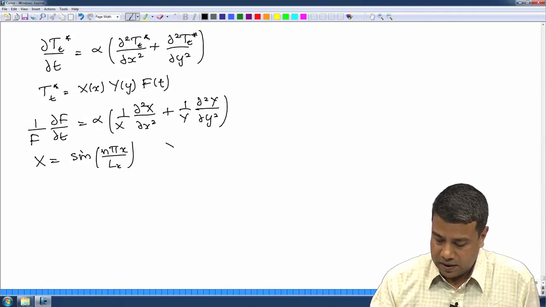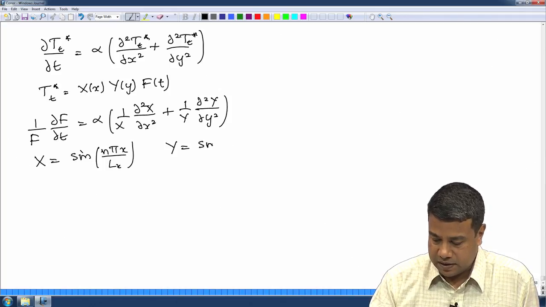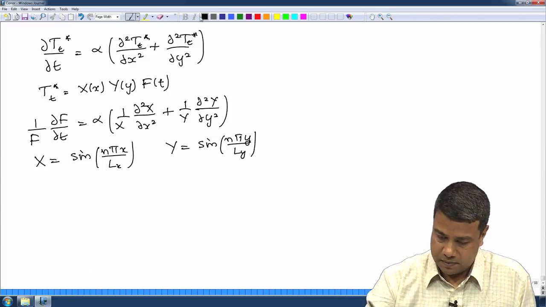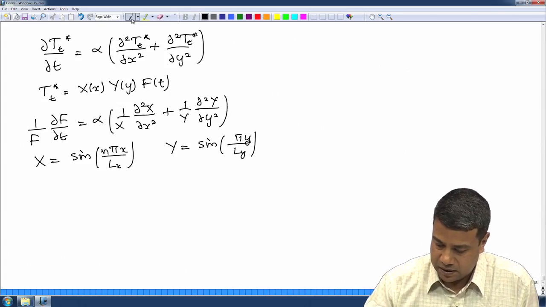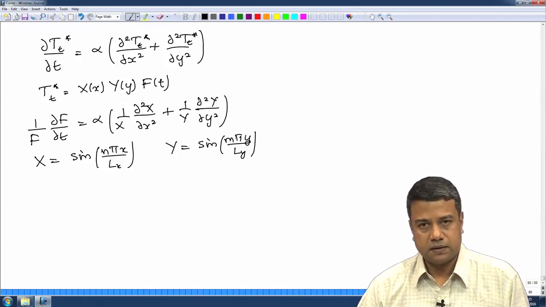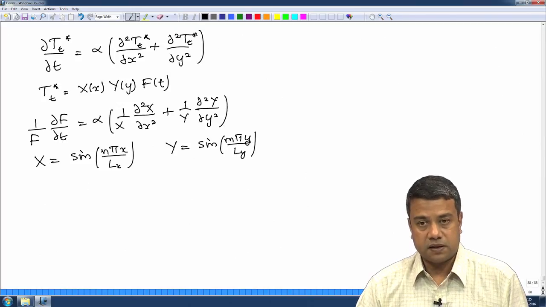Y has to be of the form sin m pi y by Ly, where I should be careful here. This integer can in general be different. It has to be an integer nevertheless.